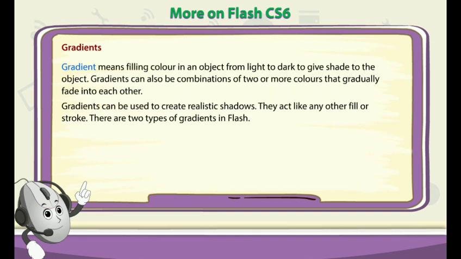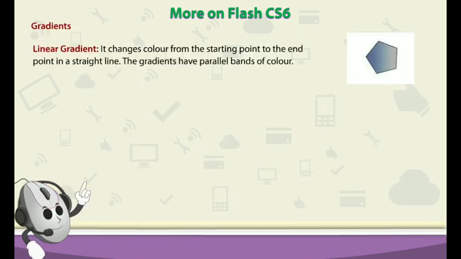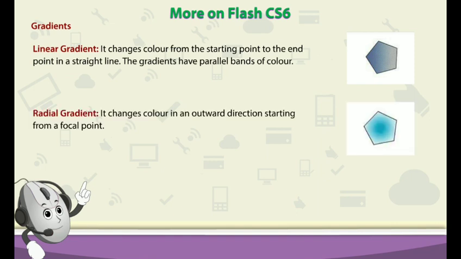There are two types of gradient in Flash. Linear gradient changes color from the starting point to the ending point in a straight line. This gradient has parallel bands of colors. Radial gradient changes color in an outward direction straight from the focal point.